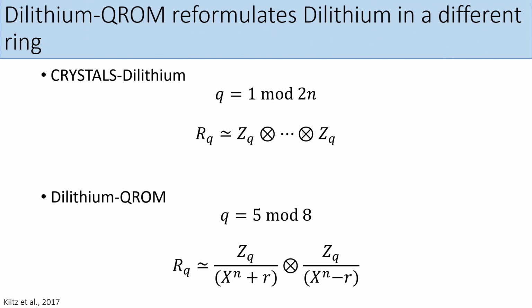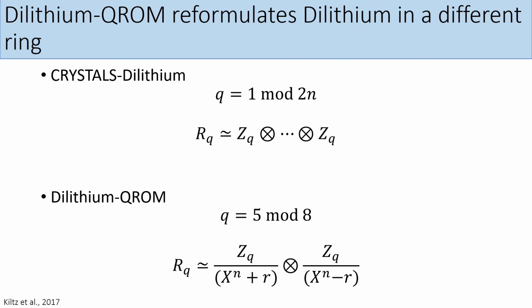So originally it was proposed over the ring R_Q, where Q is equal to 1 mod 2n. But they instead proved the hardness of Crystals-Dilithium over the ring R_Q, where Q is equal to 5 mod 8. Now this has serious ramifications, both for how the mathematics of the ring itself works, as well as for how efficiently we can actually implement such a scheme.